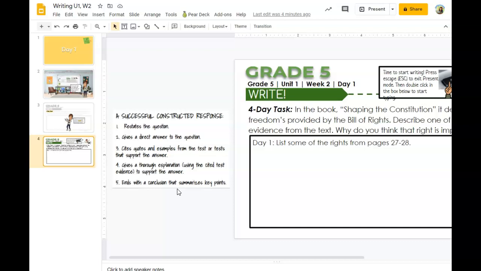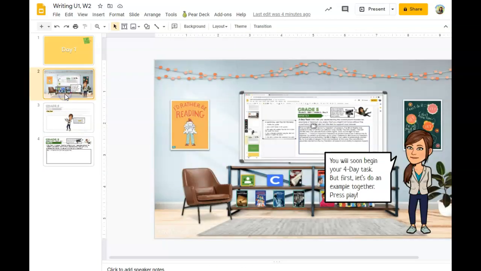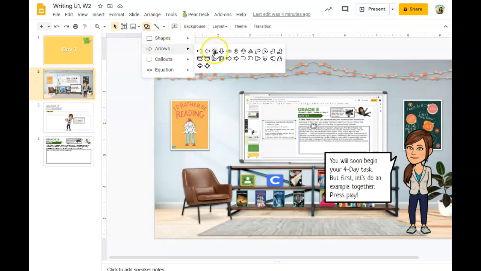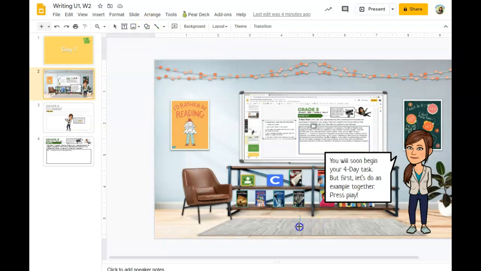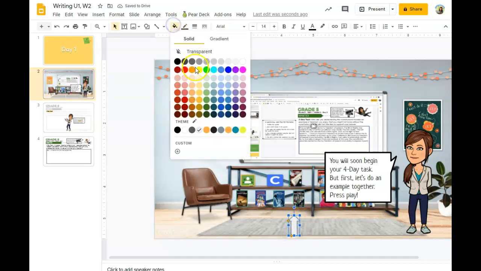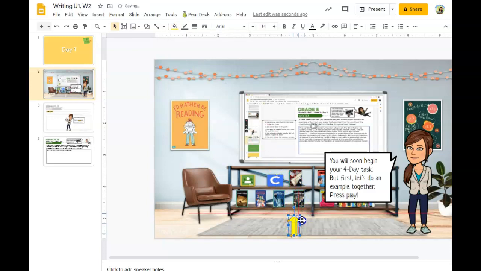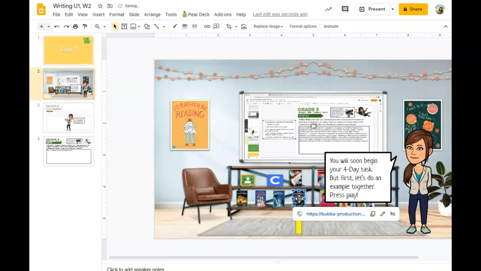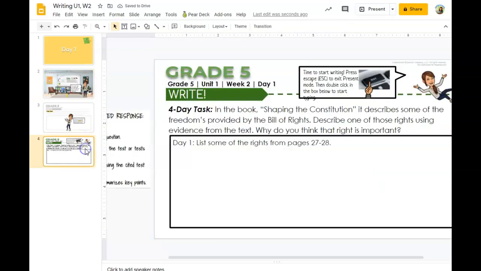So today, what you're going to do is you're going to come back right here to slide number 2, and you're going to find the book Shaping the Constitution. It is right here. I'm adding an arrow. All you have to do is click on that book, and you're going to turn to pages 27 and 28.